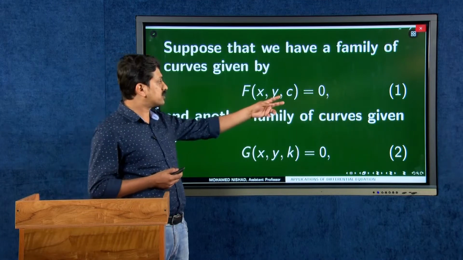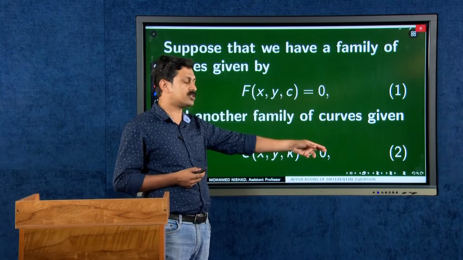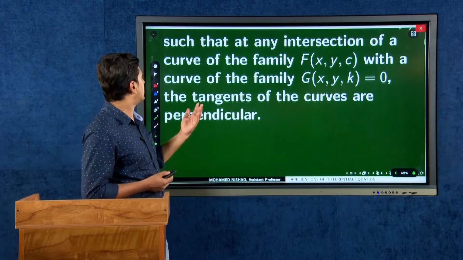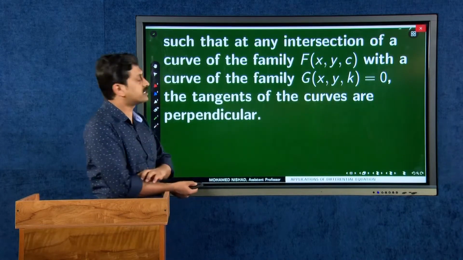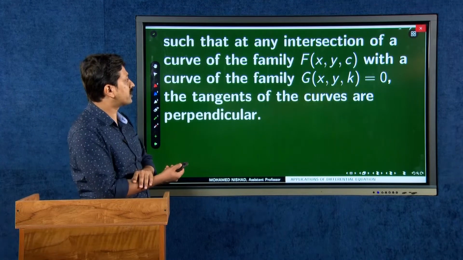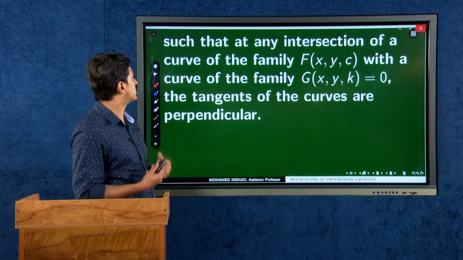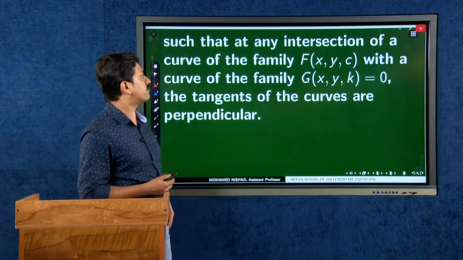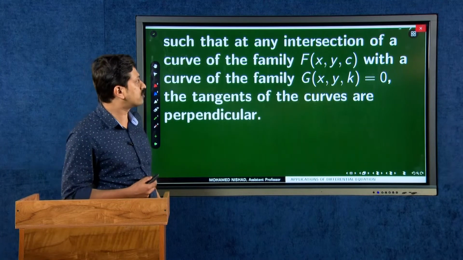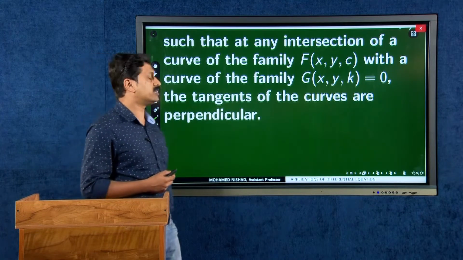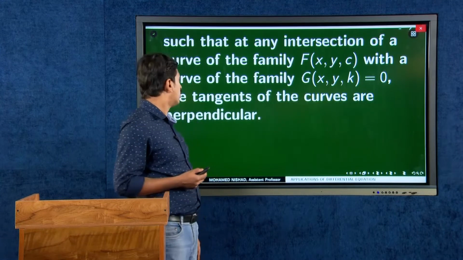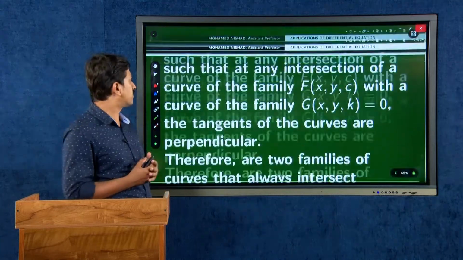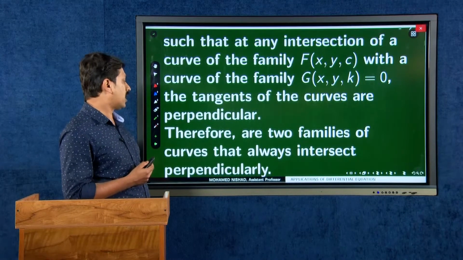We consider equation 1 as f of x, y, c equal to 0 and equation 2 as g of x, y, k equal to 0. We can say that f of x, y, c equal to 0 and g of x, y, k equal to 0 are orthogonal trajectories of each other if, at the intersection of the curves of the family f with the curves of the family g, their tangents are perpendicular.